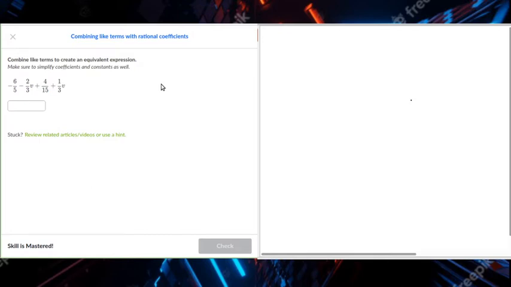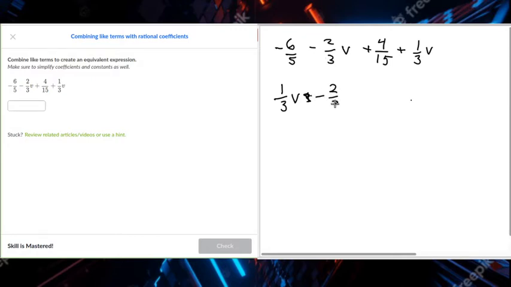Oh, we don't have to distribute, so that's good. All right, so we've got negative 6/5 minus 2/3 v plus 4/15 plus 1/3 v, and now I'm going to move these around a little bit so that 1/3 v, excuse me, minus 2/3 v.